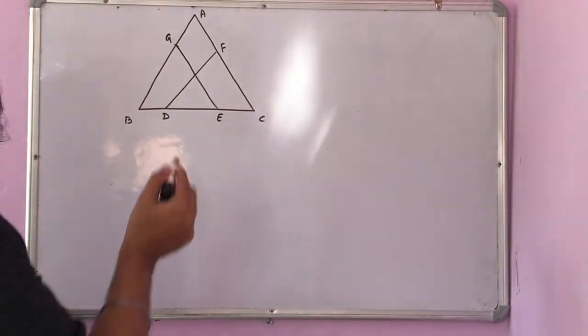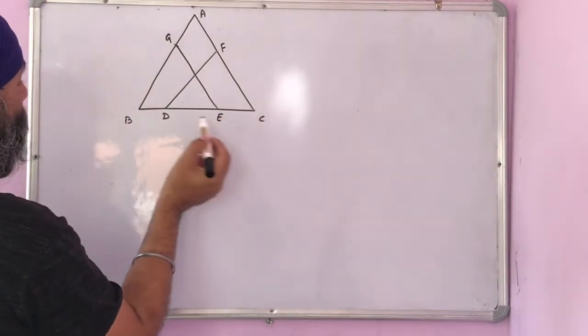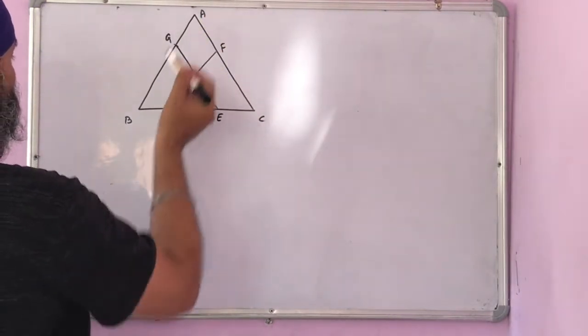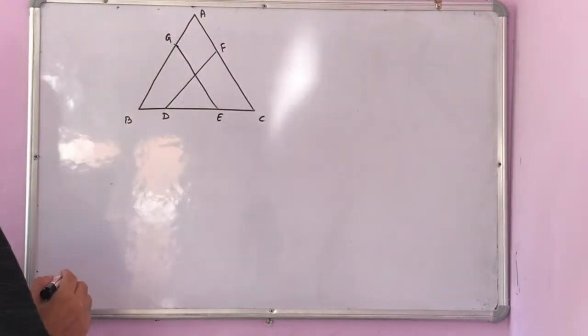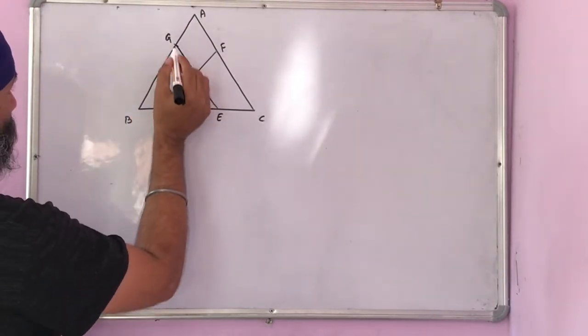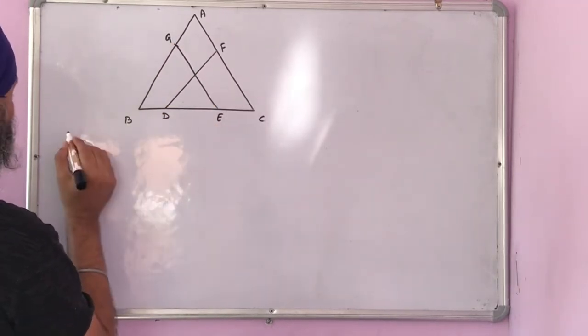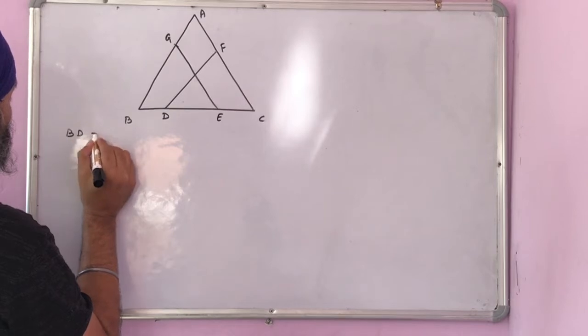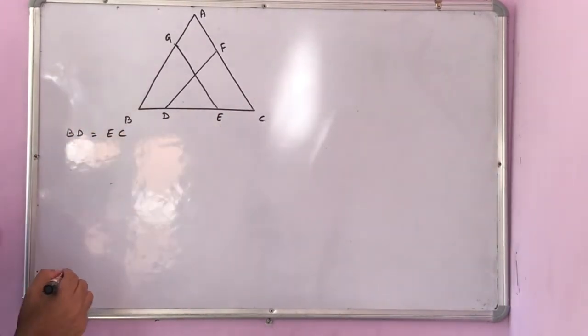Question number 11. In triangle ABC, DF is parallel to AB and EG is parallel to AC. Now I am given that BD is equal to EC.